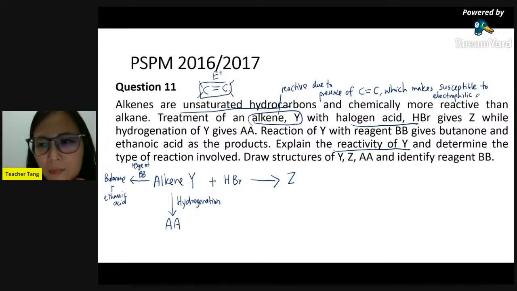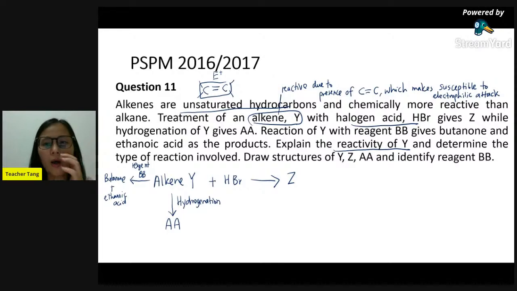You can write it simply: which makes it easy to be attacked by electrophile. Because the carbon-carbon double bond is rich in electrons, it can be attacked by the electrophile. That is what it means.